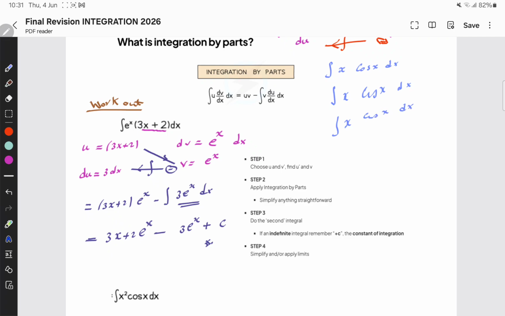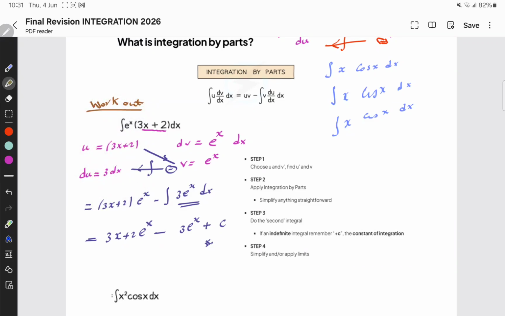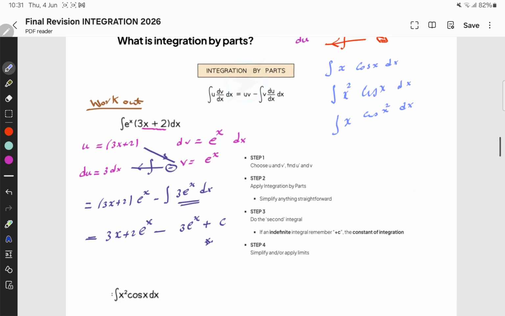According to the product of the functions, here x times x, here x squared times x, here x times x squared. So we just compare the degree of the outside function and the inside function. If they are equal like that, here x to the power 1 and x to the power 1, that is parts. And the parts here is applied one time because the power here is 1. Like that question, it will also be parts.